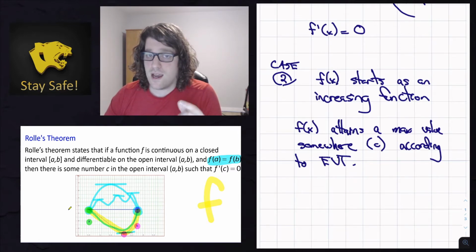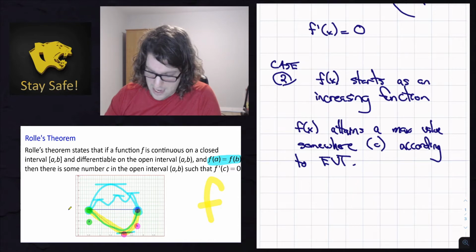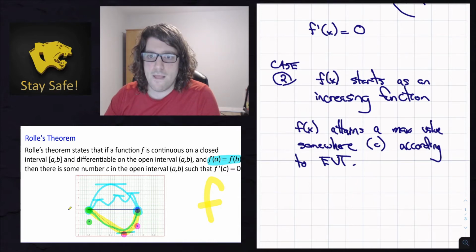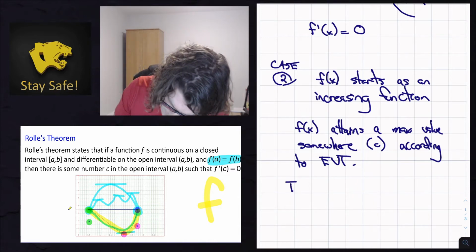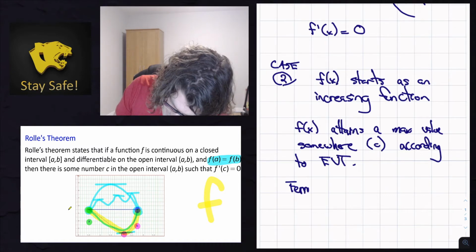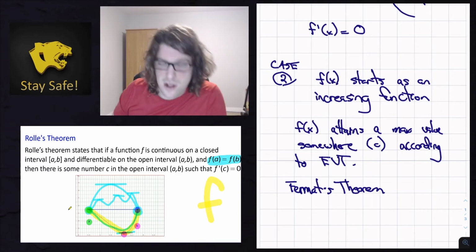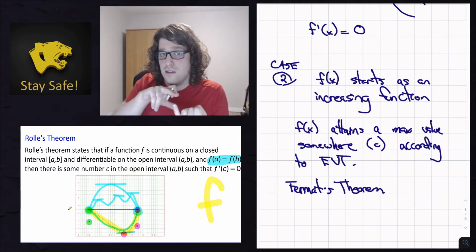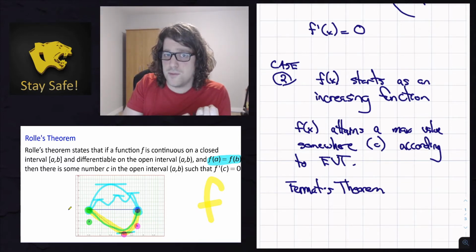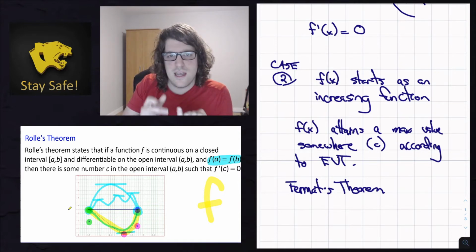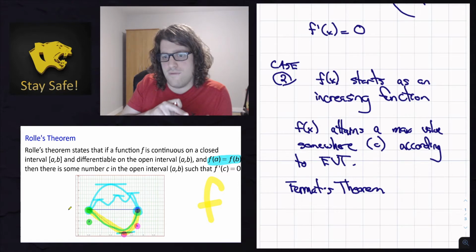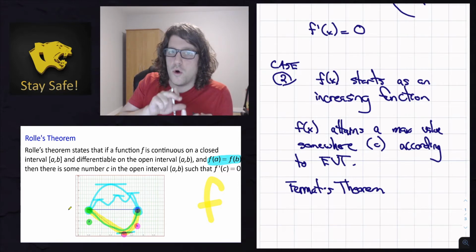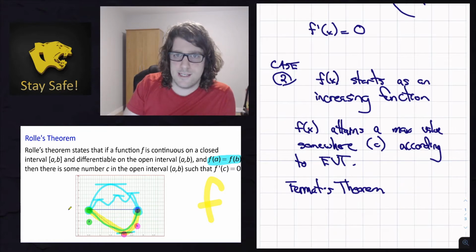Now, because it's differentiable and it has a maximum value, Fermat's theorem states that the maximum value that we know exists will have either a derivative of 0 or a derivative that does not exist.